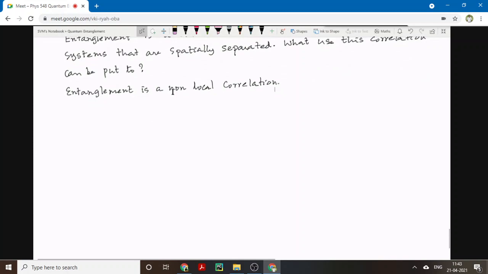Now, let us try to understand what can be done using this. First, let us look at something called dense coding. Sometimes people call this super dense coding or dense coding of information.